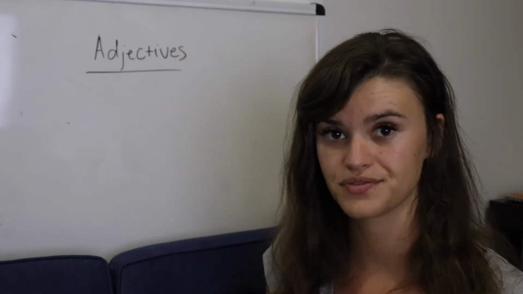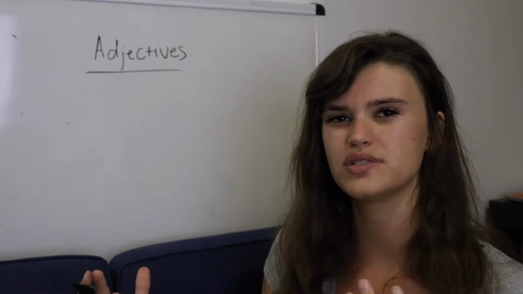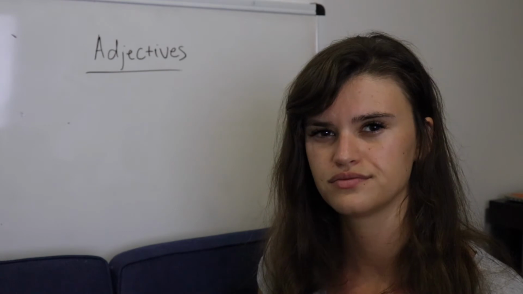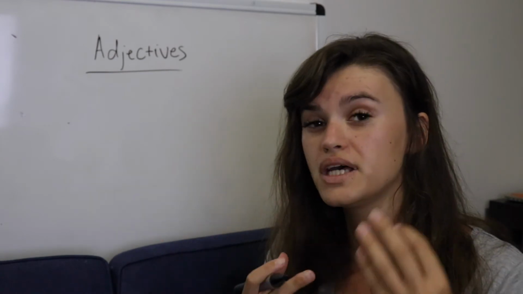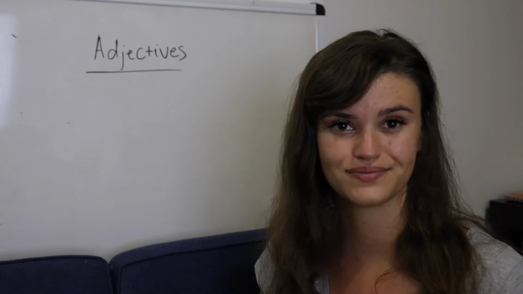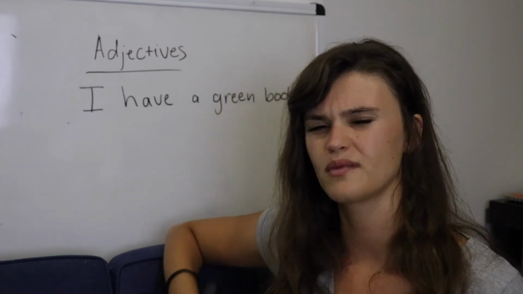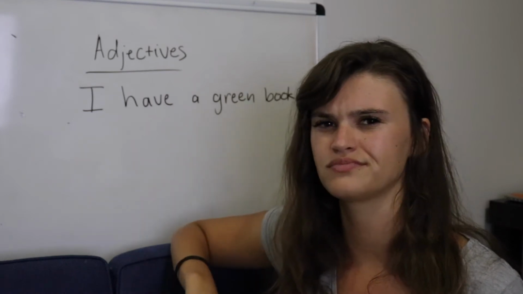Okay, now for adjectives. It's a very big word, but it's super easy to remember. Adjectives. Now, an adjective describes the noun, gives you a bit more detail to the sentence. Let's look at some examples. Okay, where's the noun?